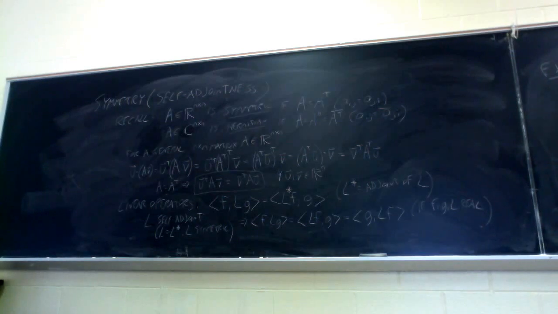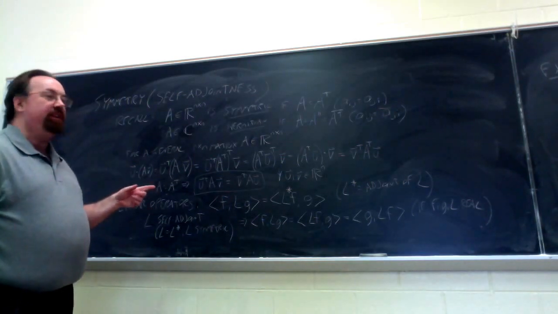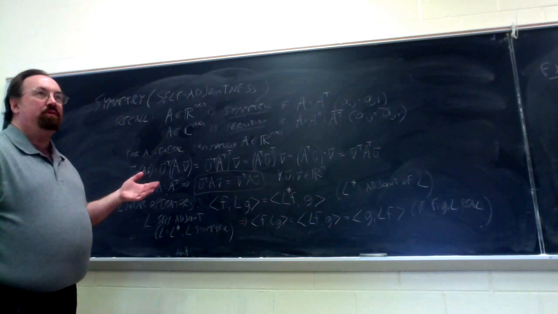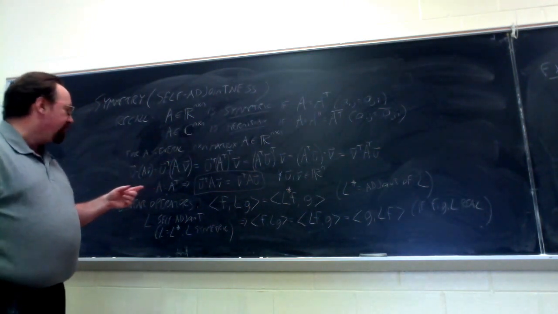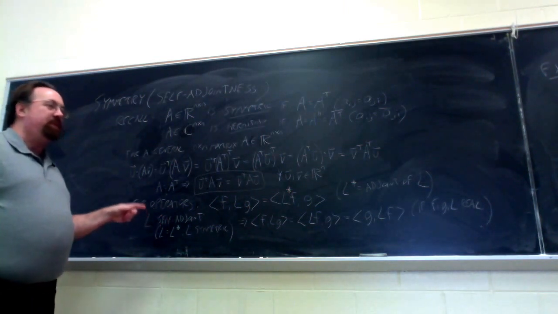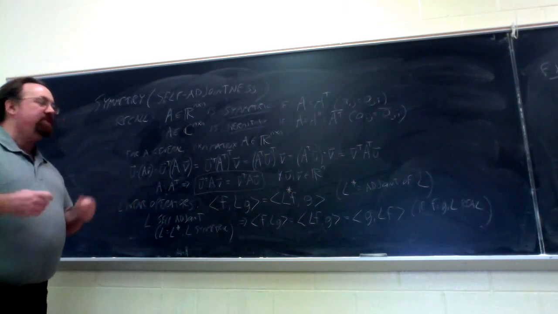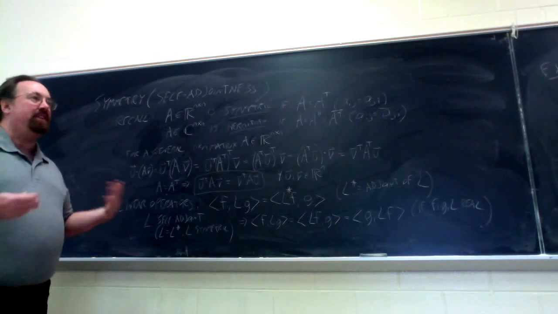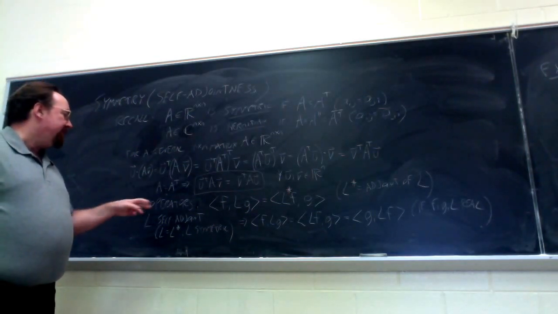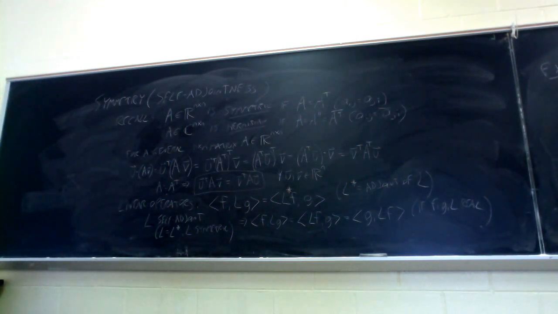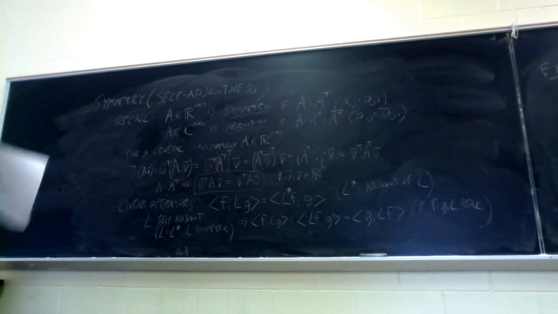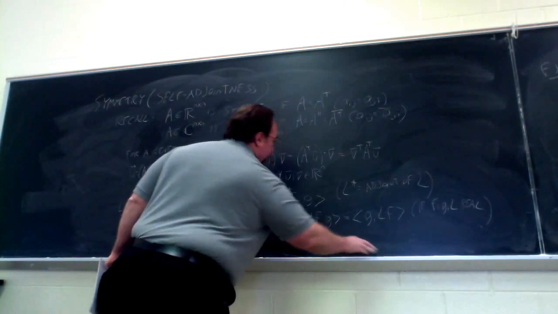So for instance, you can use this to show that if you're dealing with 2-pi periodic functions, differentiation is what's called anti-self-adjoint or skew self-adjoint, that differentiation is the negative of its own adjoint. Or the second derivative is self-adjoint. It's equal to its own adjoint. All right, and that's done using integration by parts. So I'm actually going to do that exact same thing right here, but with a more general Sturm-Liouville operator.